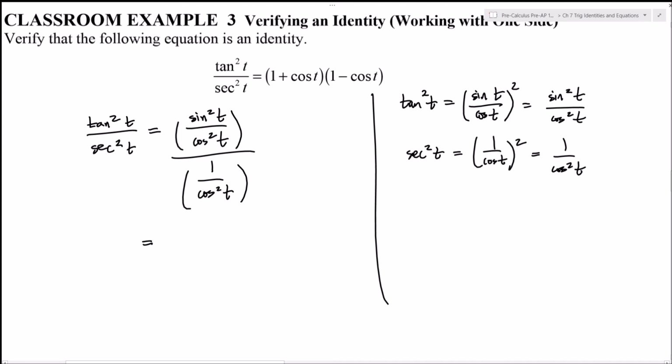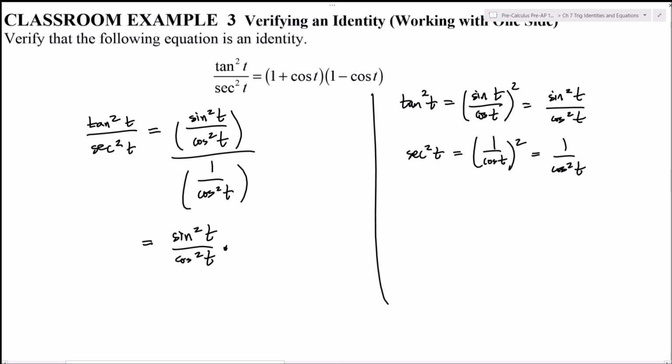When you're dividing two fractions, it's best to treat division as multiplication by a modified fraction. You don't have to modify the first fraction, the one on top. So that one stays as is, sine squared t over cosine squared t. If you change the operation to multiplication, you have to modify the second, the denominator expression.